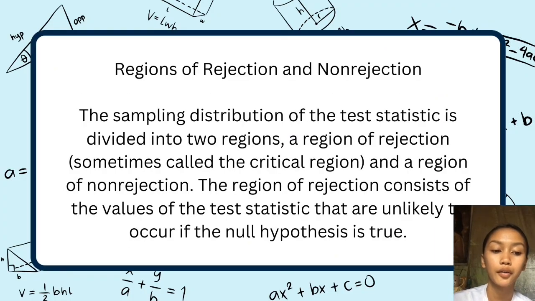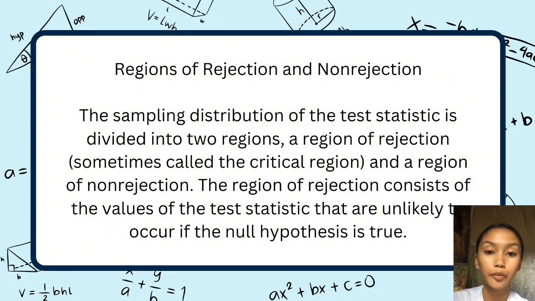A while ago, I showed a graph that has a region of non-rejection and a region of rejection. So let us discuss what the regions of rejection and non-rejection are.